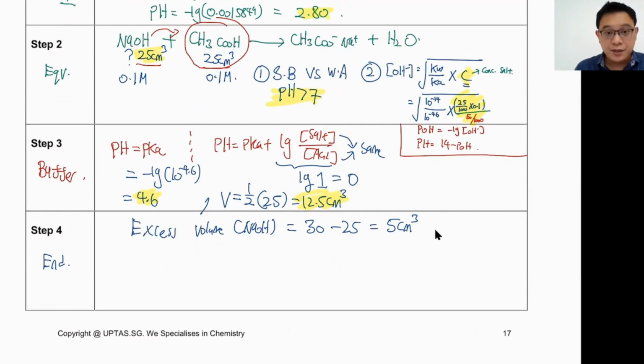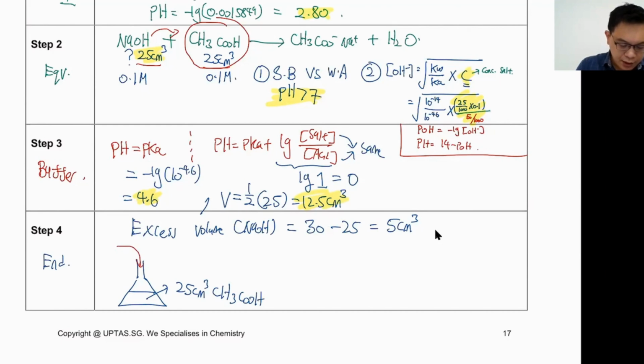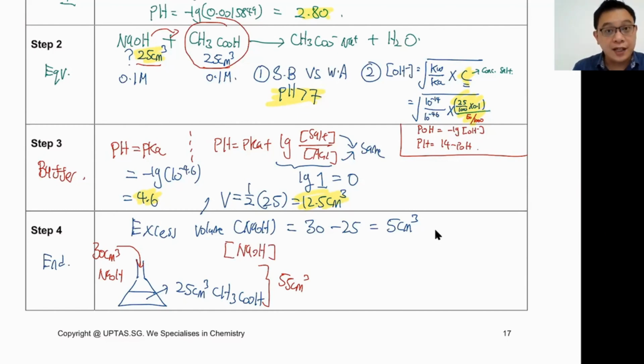So what I need to do is find a new concentration. Let me just draw a diagram for you to see. Initially, you have 25 cubic cm of your ethanoic acid. Now you're going to dump in 30 cubic cm of your NaOH. Total volume, 55. This is the ending point. So that means when you calculate the new concentration of your NaOH, you need to factor in the final volume.